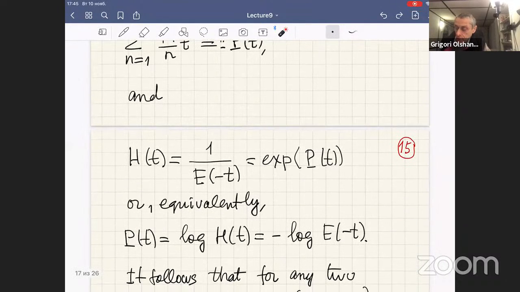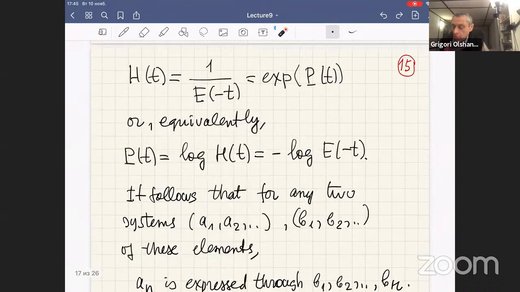They are as follows. These two series are almost inverse to each other up to changing the sign. And H is the exponent of P, the generating series for the power sums, or equivalently, P is equal to log of H(T), or almost the same for E(-T).